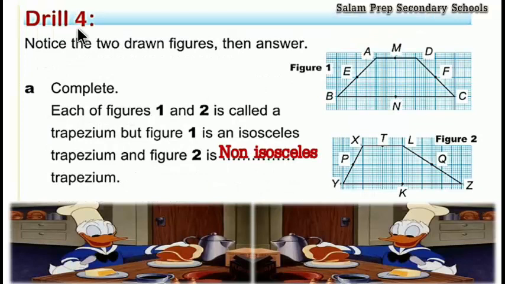Drill 4. Note the two drawn figures, then answer. Complete each of figures 1 and 2.